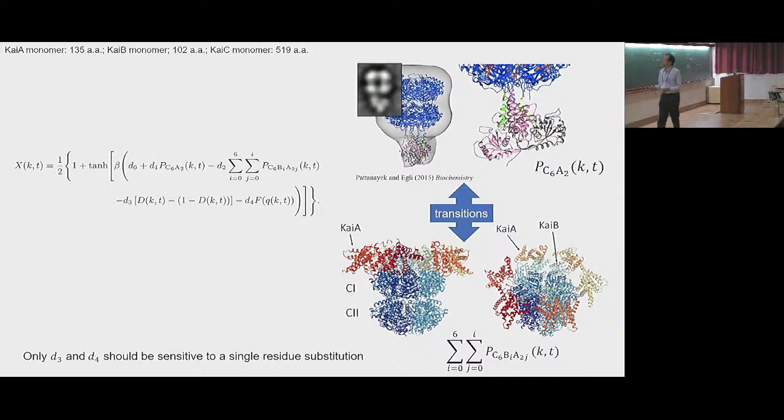Similarly, if 6 chi-B monomers bind on the C1 side, each C1 subunit should somehow be deformed or rotate. So the binding of chi-B and chi-A should generate such a global structure change in chi-C.